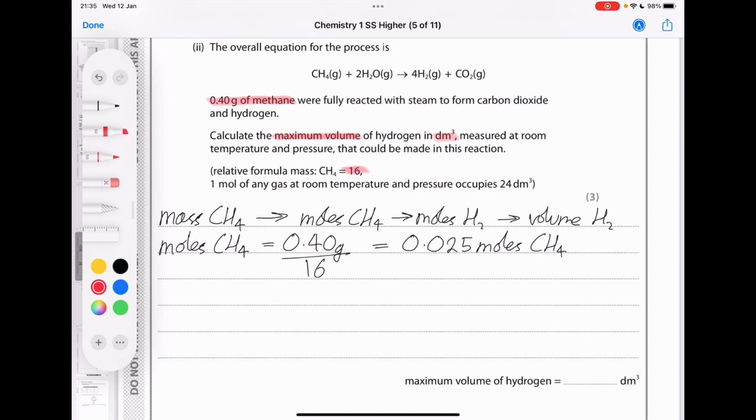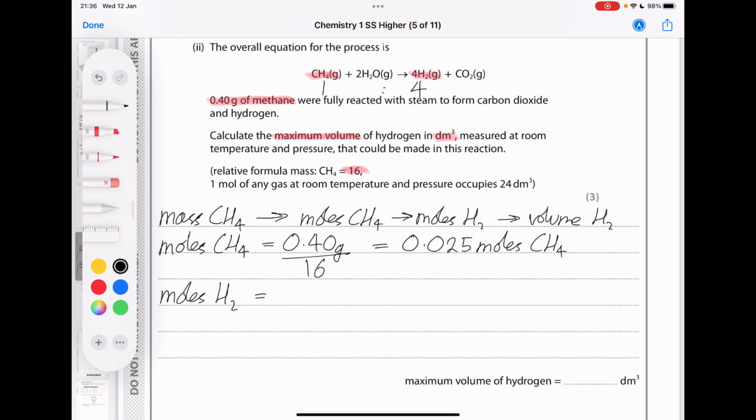Then I need to work out my moles of hydrogen. In my equation, 1 molecule of methane becomes 4 molecules of hydrogen, and therefore 1 mole of methane becomes 4 moles of hydrogen, and therefore my moles of hydrogen is simply going to be my moles of methane multiplied by 4, because these are in a 1:4 ratio.